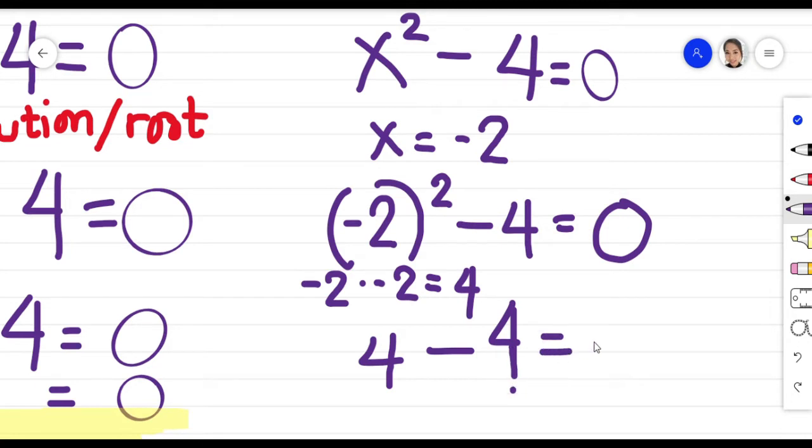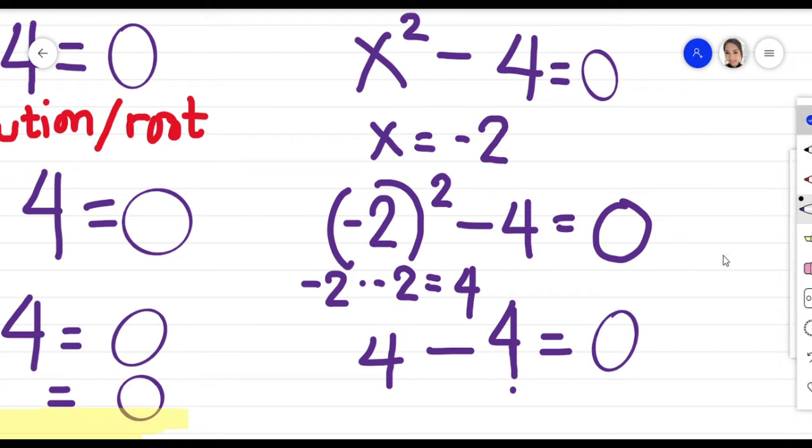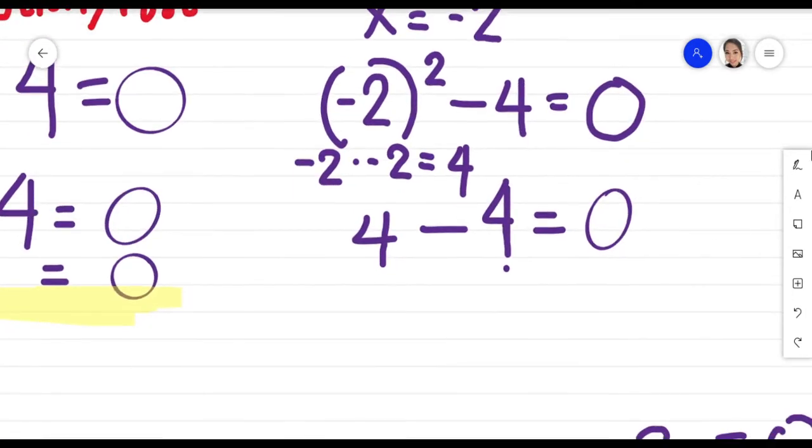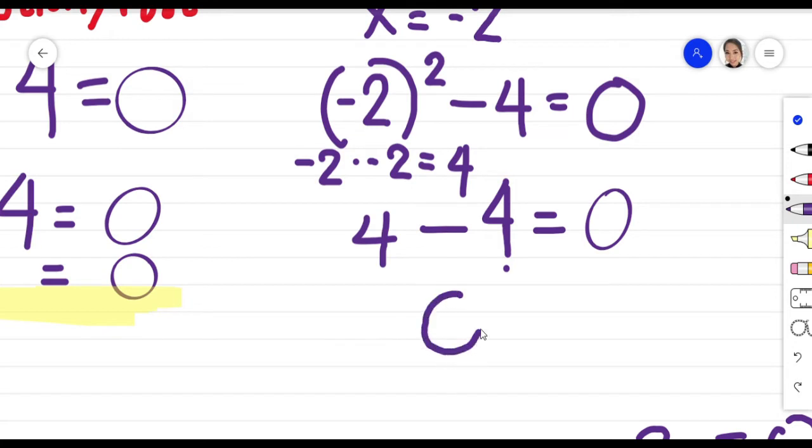The result is equal to 0, right? Since 4 minus 4 is equal to 0, we can write that as 0 equals 0, which is true.